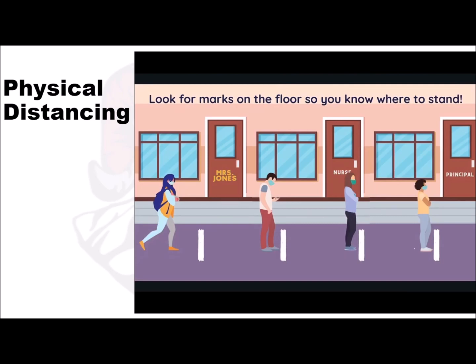You may have noticed that many stores and places in the community are using marks or lines on the floor as a reminder of what 6 feet looks like when you are standing in line. You may see some of these same lines at your school in places where you might need to use physical distancing. Be sure to check the floor and look for reminders.